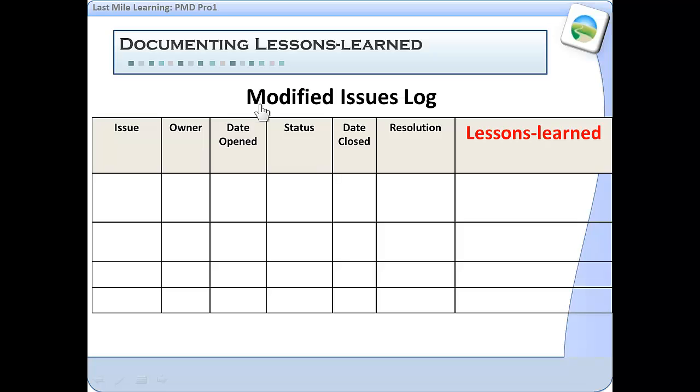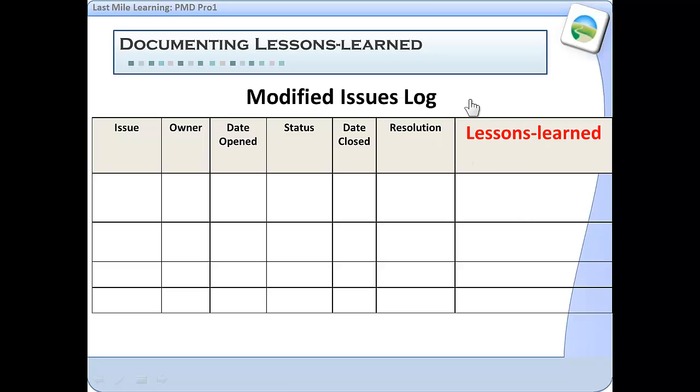And one of the things that you might do is to take some of the tools and modify them to add lessons learned. And I've just shown you an example here of how you could take an issues log and you could add another column called lessons learned.